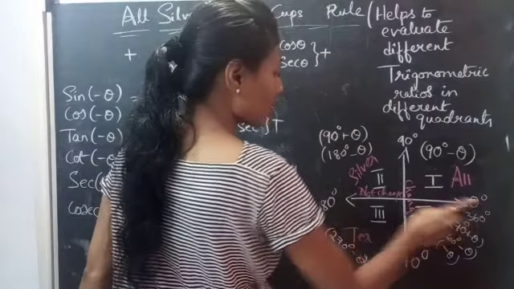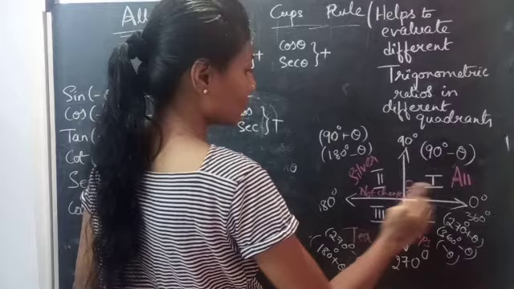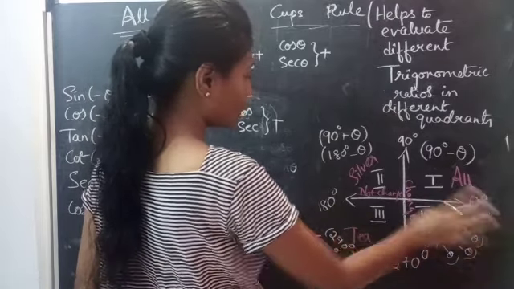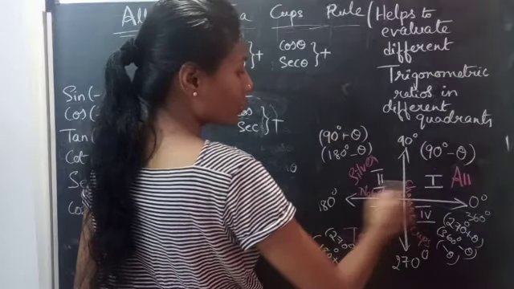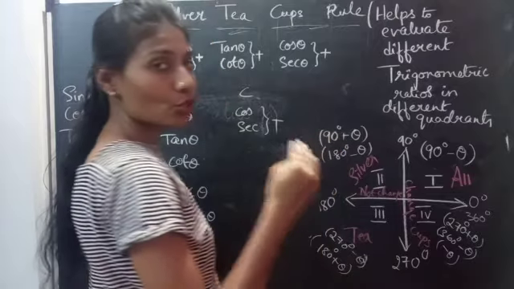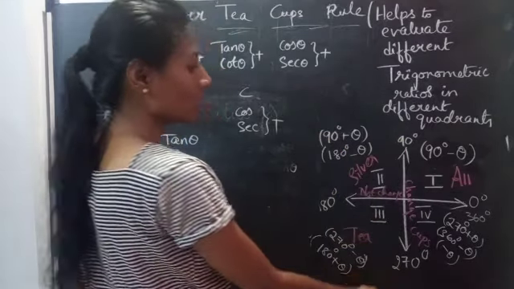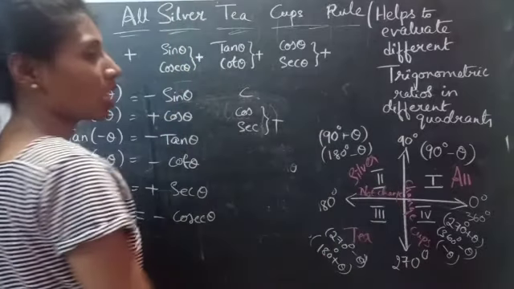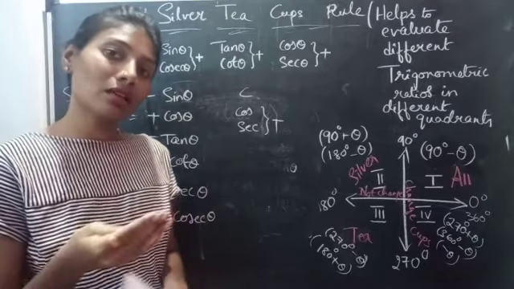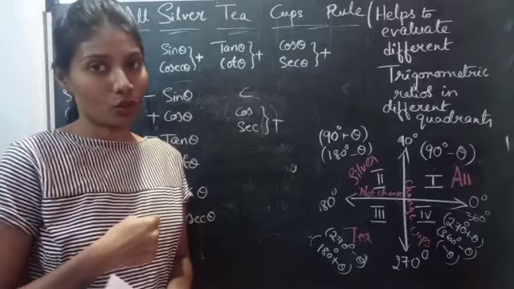So just remember blindly: if you consider the x-axis, for 180 degrees, 360 degrees and 0, and minus theta, the trigonometric functions will not change. That means sine to sine, cos to cos, like that you'll get. And for the y-axis, 90 and 270, the trigonometric functions will change. And whatever angle you consider, the positive or negative sign depends upon the quadrant rule. Okay.